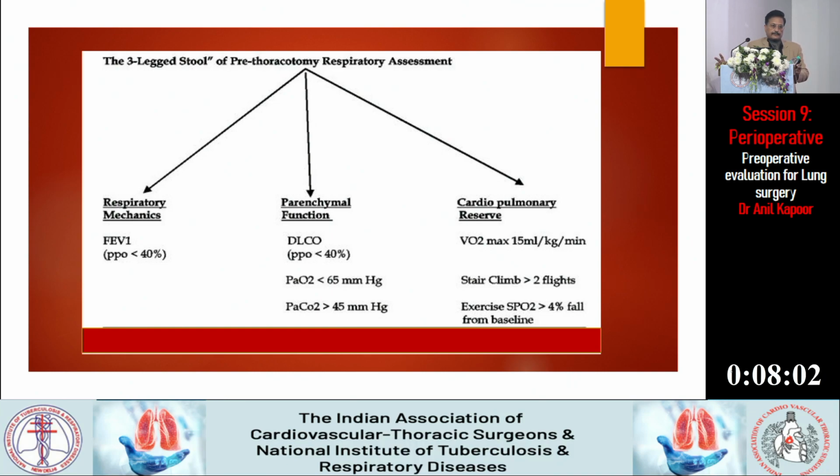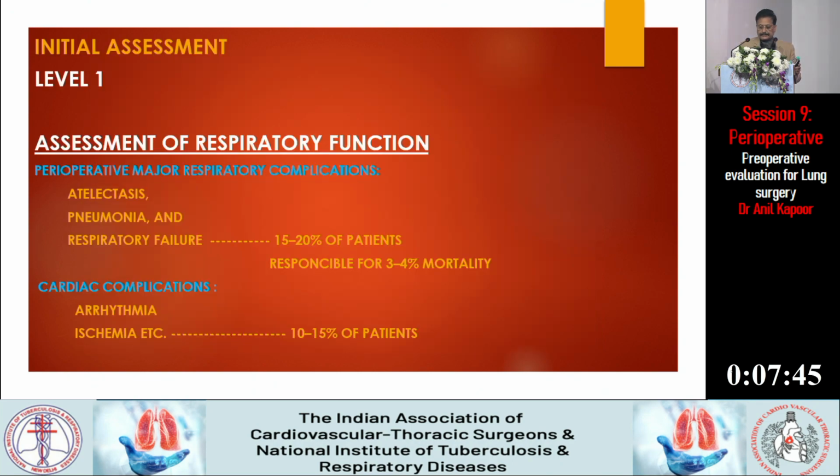The cardiorespiratory interaction can be assessed by CPET, stair climbing test, and SpO2 fall of more than 4% in exercise test, that is shuttle walk test or stair climbing or 6-minute walk.